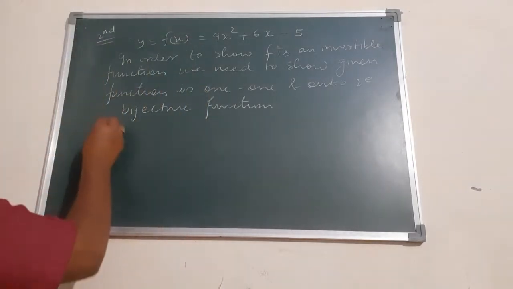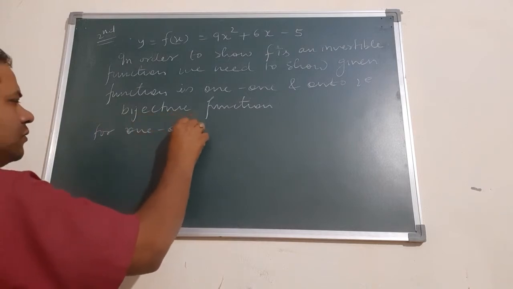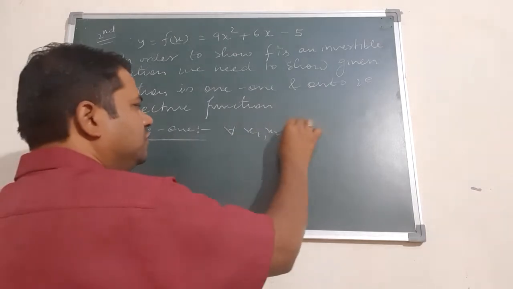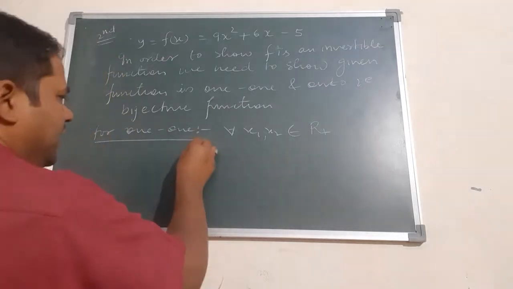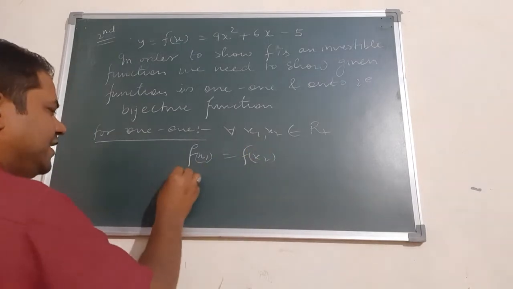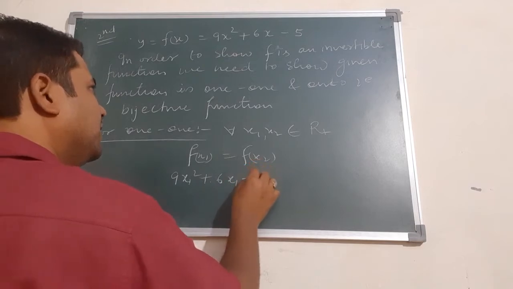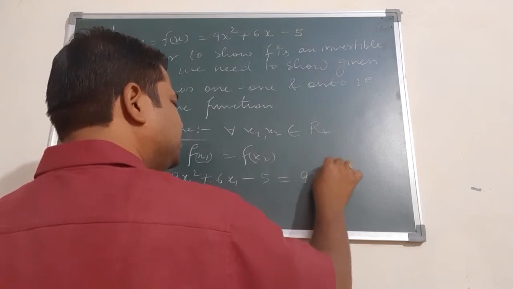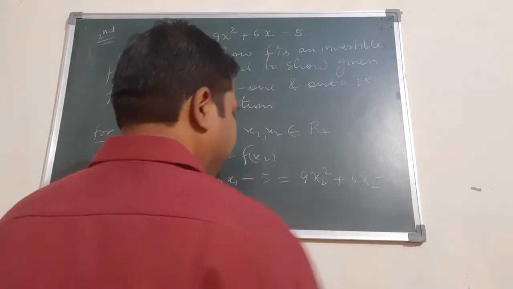So for one one, for each x1, x2 belonging to R plus, okay, f of x1 is equal to f of x2. So we can write 9x1 square plus 6x1 minus 5 is equal to 9x2 square plus 6x2 minus 5.